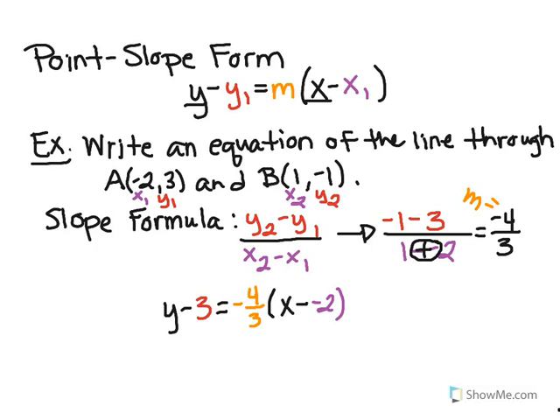So now I'm going to do one more step and just clean it all up. So y minus 3 equals negative 4/3 times x plus 2, because there are two negative signs. And this is going to be my final answer. And that concludes this tutorial.